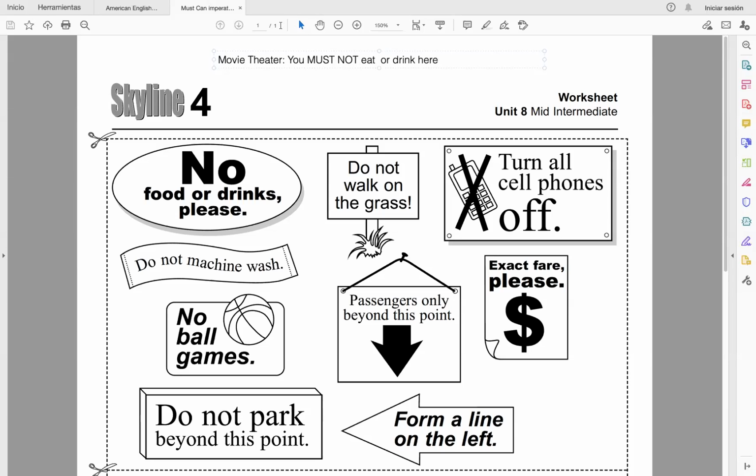So that's the message. When you see no food or drinks, please, it means you must not eat or drink here.